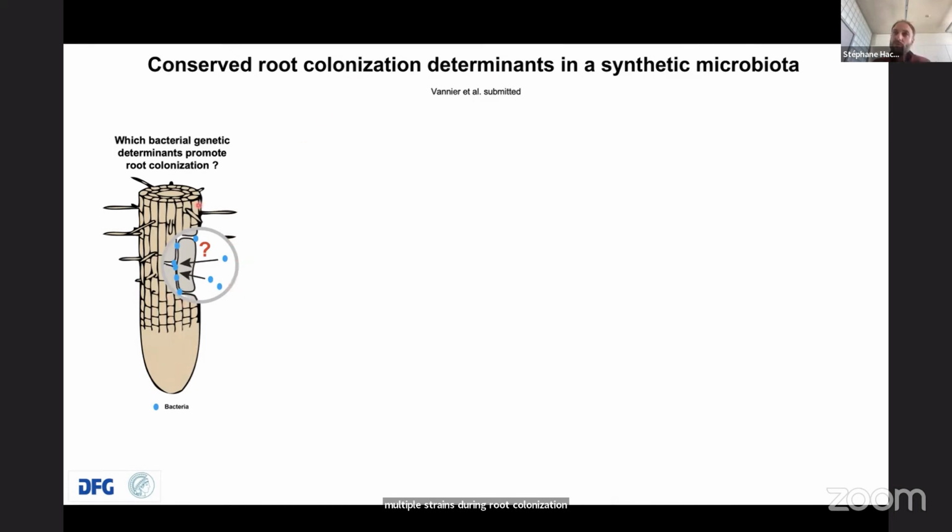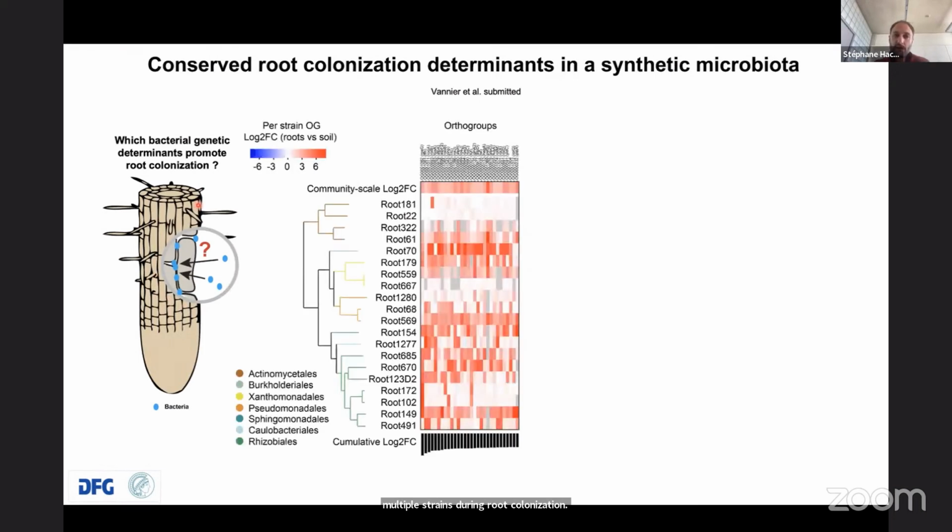Recently, my group succeeded in developing what we call genome-resolved metatranscriptomics, which allows us to understand transcriptional reprogramming of individual strains in a microbial community context, and to identify not only strain-specific processes that are activated in roots, but also more conserved mechanisms that are activated by multiple strains during root colonization.